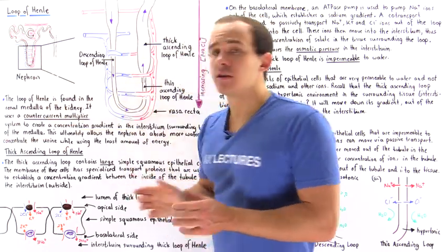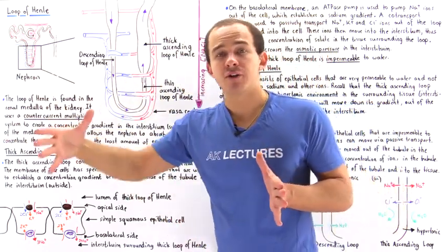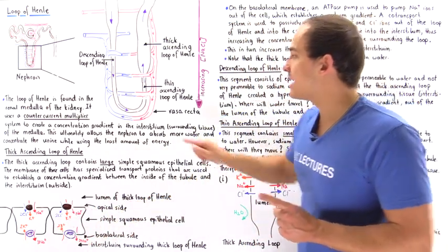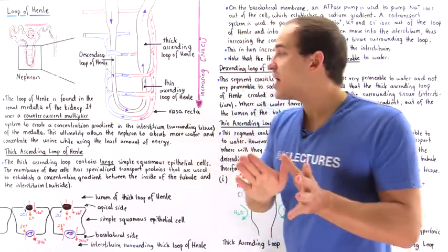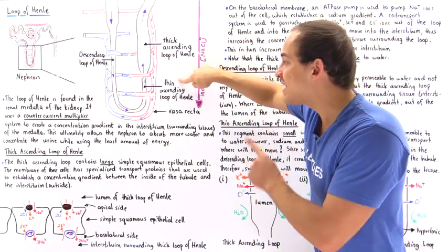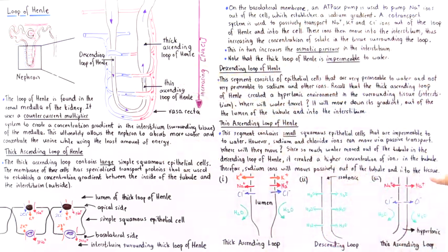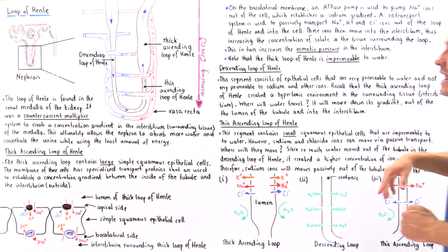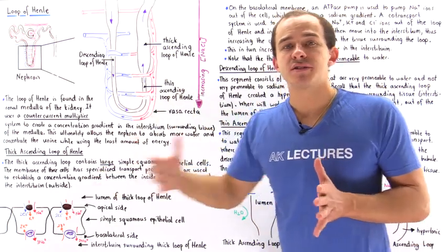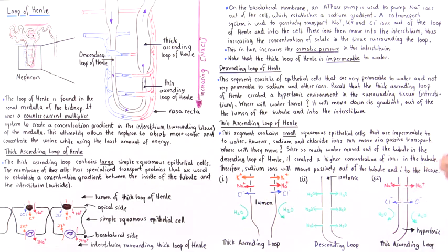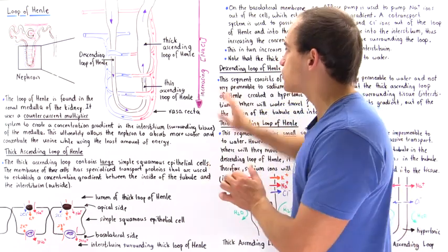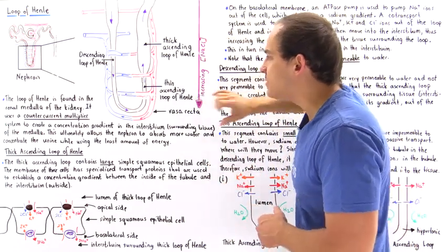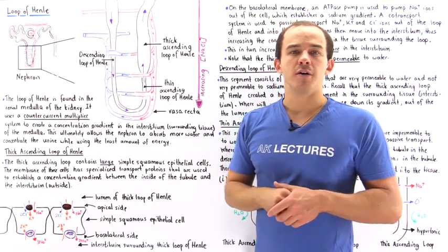And as a result of all that water moving out of our tubule, we concentrate our filtrate towards the bottom of the loop of Henle, and that's exactly why in the thin ascending loop of Henle, the sodium and chloride move even further to the outside, concentrating the outside even more. So this is the function of the loop of Henle. It ultimately concentrates the medulla, the interstitium found in the medulla of our kidney.